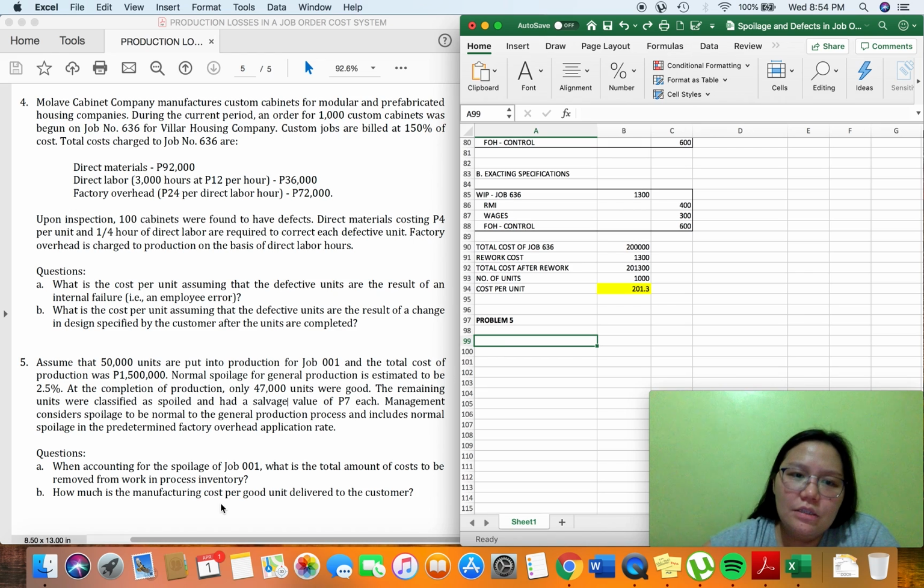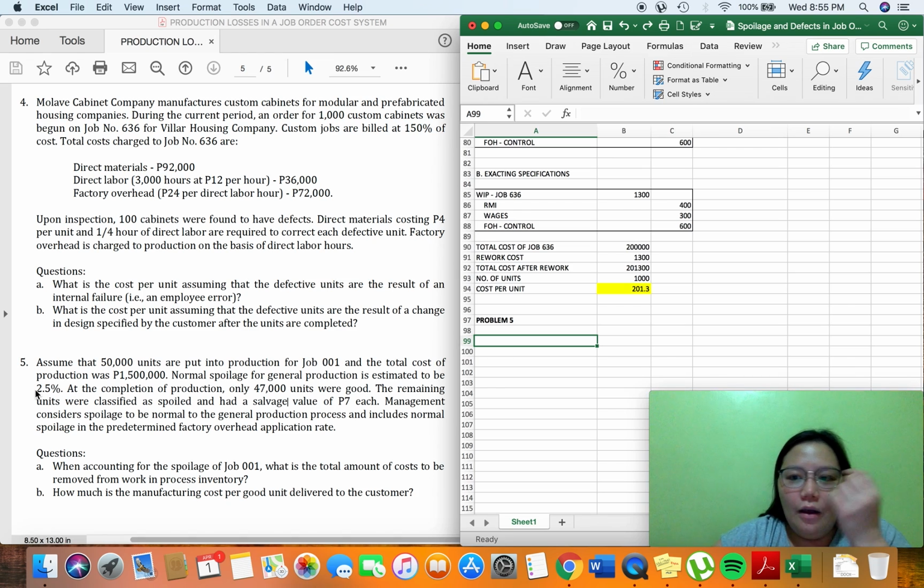So, for this problem, the normal spoilage threshold is at 2.5%. No matter how many units they produce, basta yung loss nila does not exceed 2.5% of the total production for the period, normal sa kanila yon, okay lang sa kanila yon.